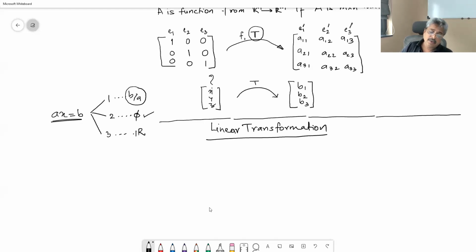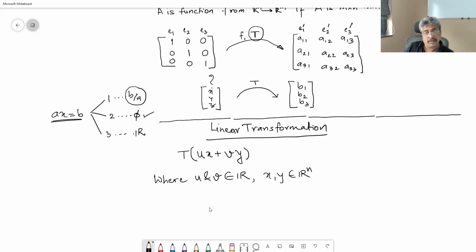Now say for two vectors, if you operate the transformation on u of x plus v of y, where u and v are, let me create the notation which is standard, ux plus vy, where u and v are real numbers, and x comma y belong to your real variables.